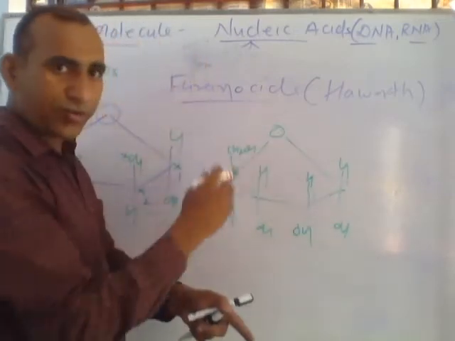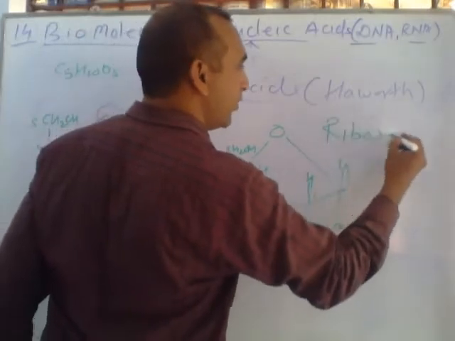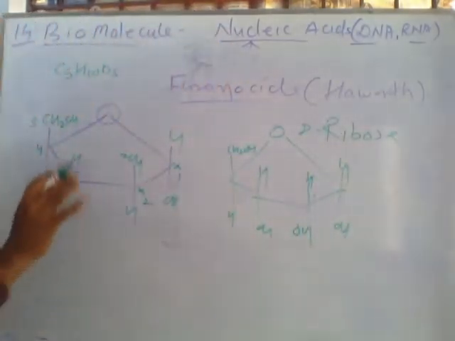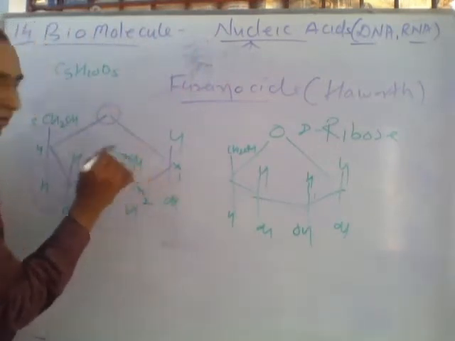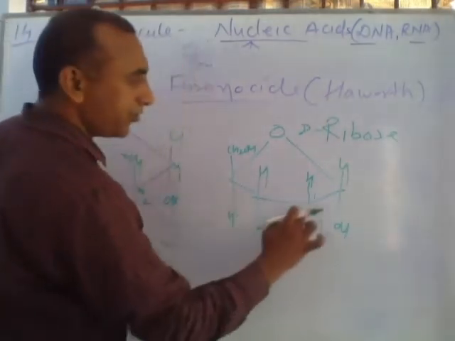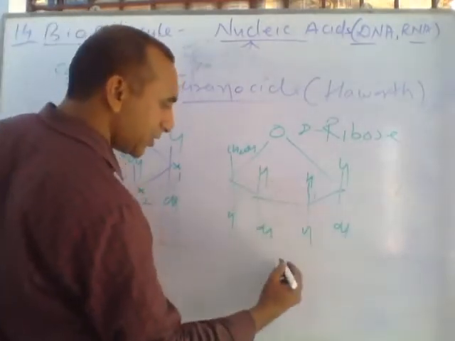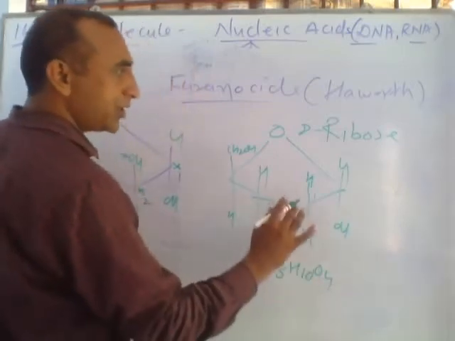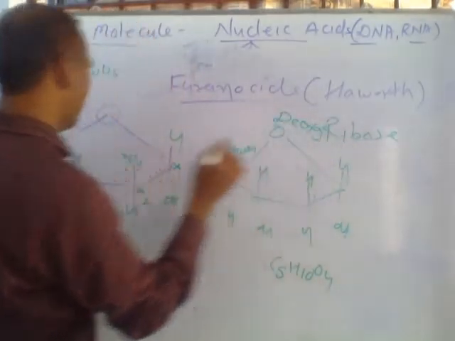I have changed the configuration. This compound is called ribose. We can say this is D-ribose. Listen, the next star here. If I remove this oxygen from the second carbon OH, this compound is C5H10O4. So this is called deoxyribose.